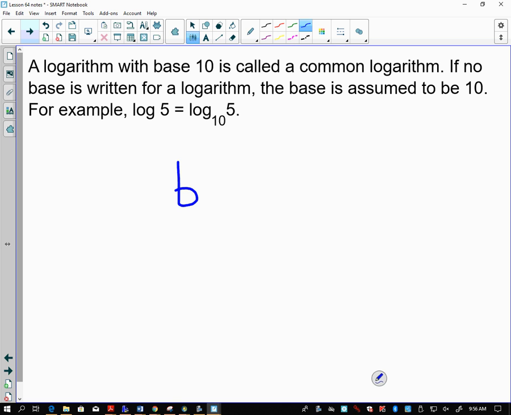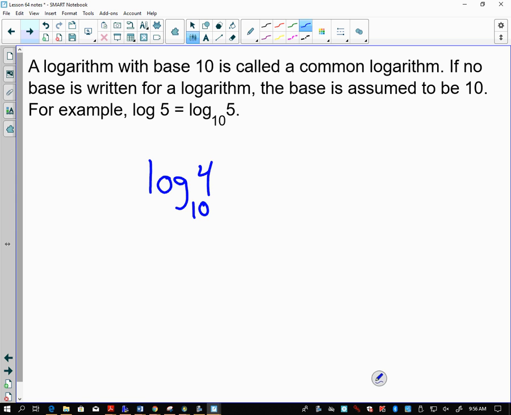Okay, well logs have that same principle in that if, let's say I had log 4 with no base underneath of it, no little subscript number, the understood number is 10. Okay? So we're used to seeing numbers that are there that we don't always necessarily see.